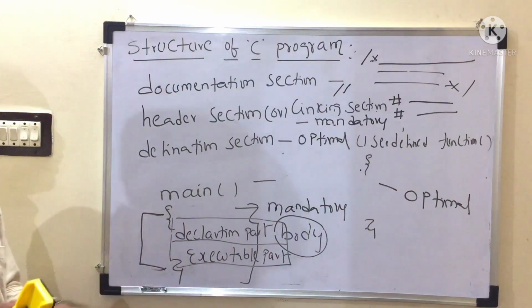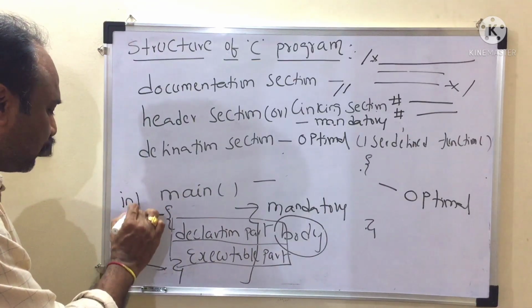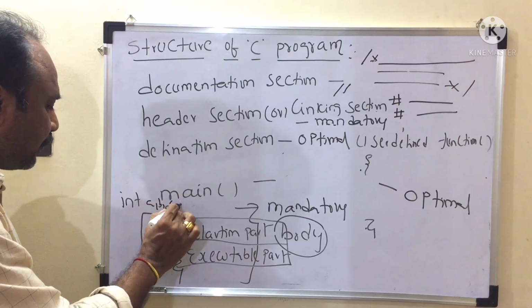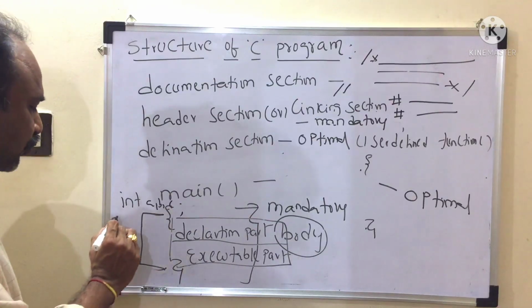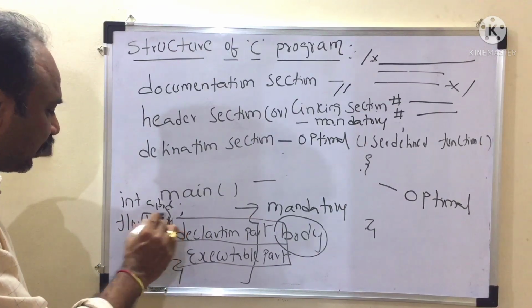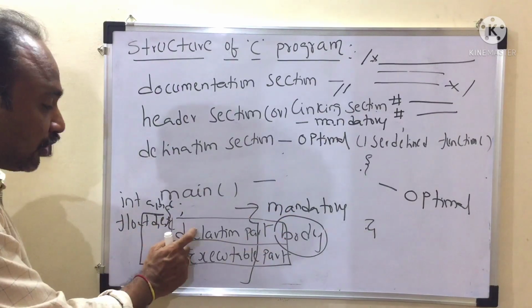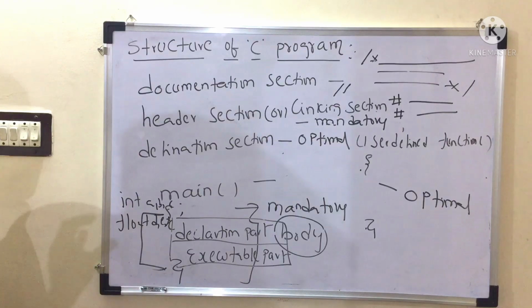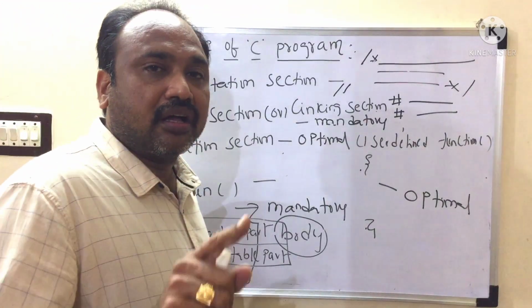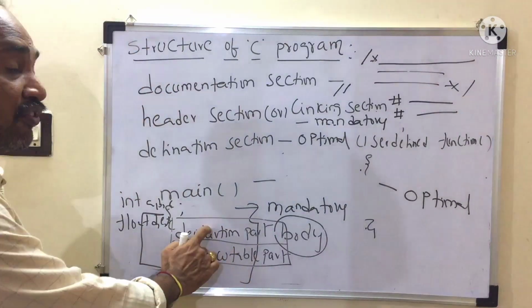In the declaration part, in our program, we have to use integer values, int a, b, c. We have to use float values, float d, e, f. Character values, char x, y, z. We have to declare them here itself. Where we declare our data using data types, that is called the declaration part.